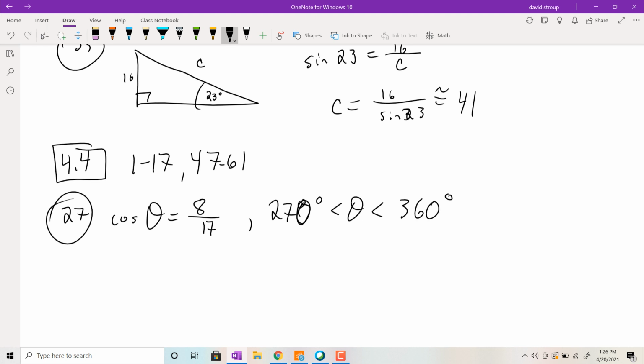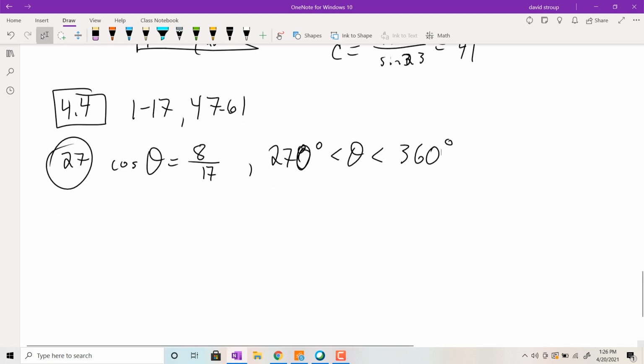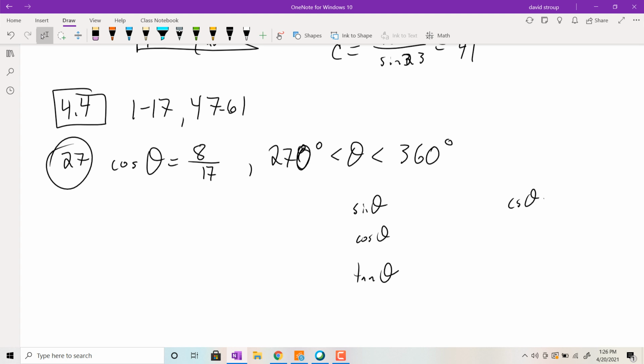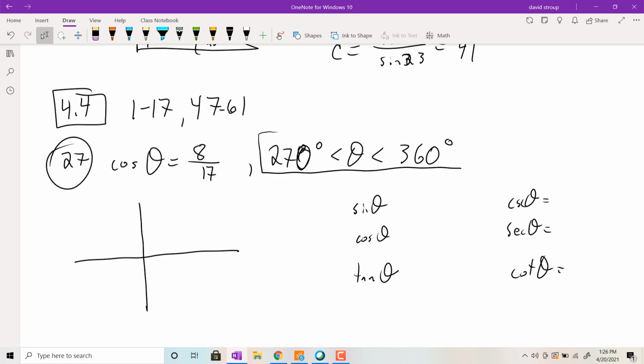Anyways, they tell you some information, and then you've got to figure out the 6 trig functions based off of it. So I've got sine theta, cosine theta, tan theta, cosecant theta, secant theta, and then finally cotan theta. The second portion tells me I'm in the 4th quadrant, quad 4.